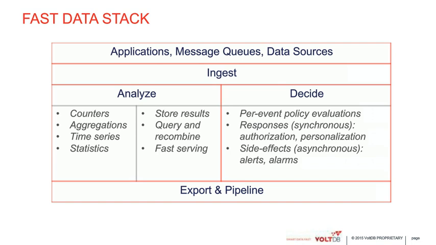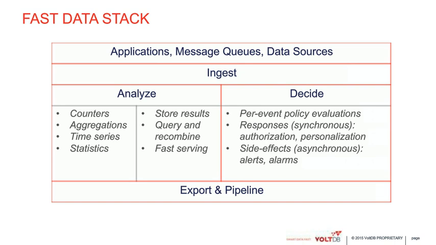There's also a need to be able to drive real-time decisions, to be able to enforce per-event policies or to evaluate a set of campaigns against discrete incoming events, and in many cases to drive back real-time synchronous responses to those incoming events in order to communicate personalization data or to communicate a path to optimization back to the event source. So when we look at the fast data stack in its entirety, we see ingest, analytics, decisions, and this export big data integration all as key components.